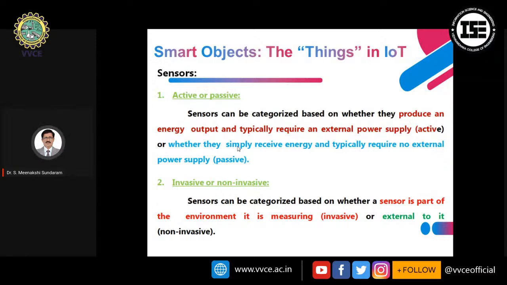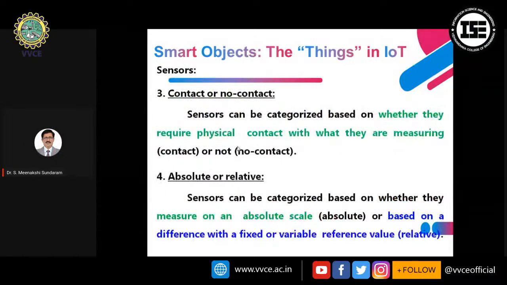Similarly, in the second case, the invasive or non-invasive sensors, a sensor can be a part of the environment in which it is measuring some sort of data. We call it invasive, or if it is external to the environment, we call it a non-invasive type of sensor.